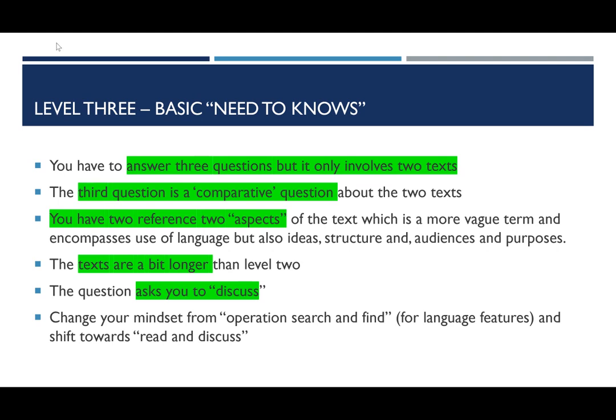So you need to switch your mindset when looking at unfamiliar text from a search and find language feature kind of situation and more into a read and discuss. So you want to be looking a lot more at those ideas and those messages and how the language supports that. So language can be kind of a little bit restrictive when we think of it like that. So aspects, by thinking about language, definitely, but also ideas, construction, audience, and purpose, and syntax, and narrative point of view, and all those aspects are really important.